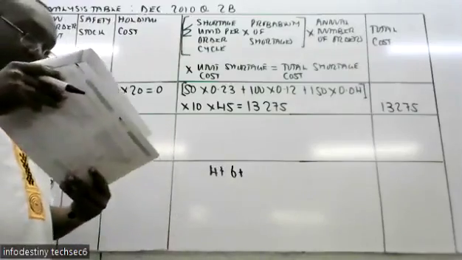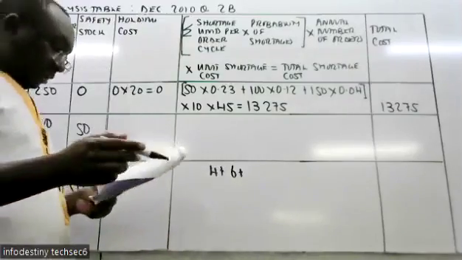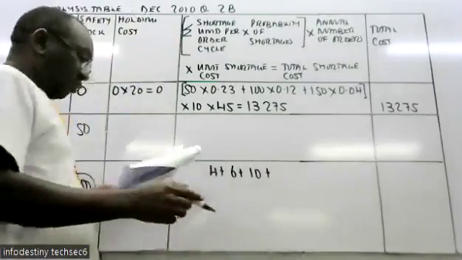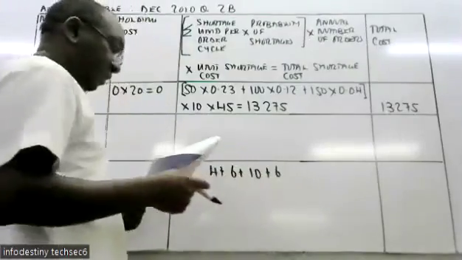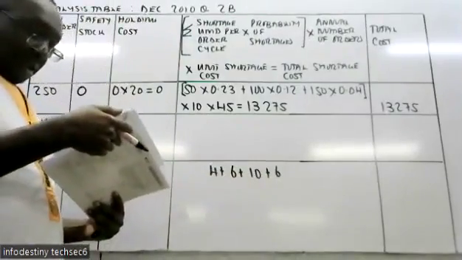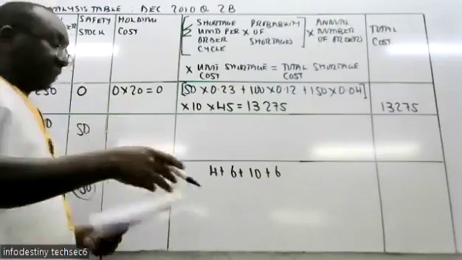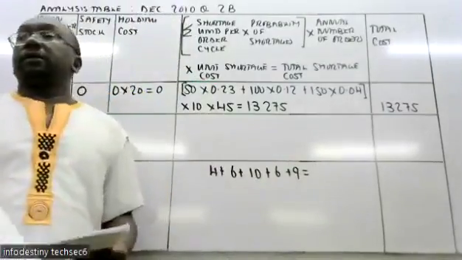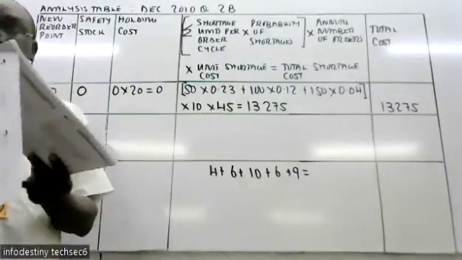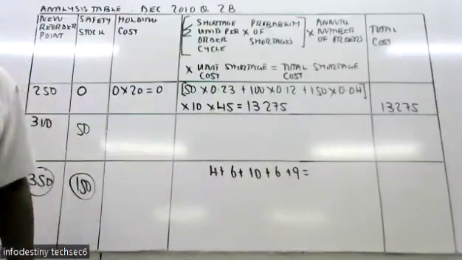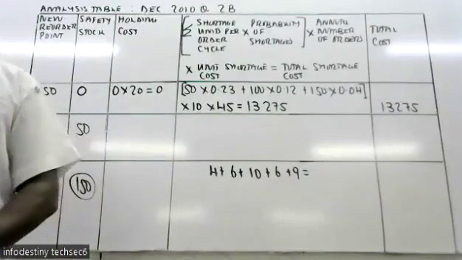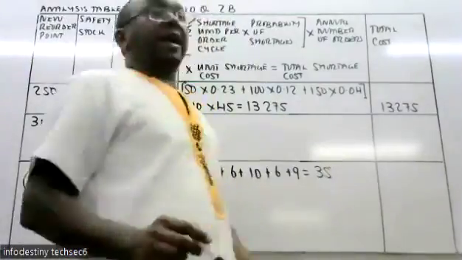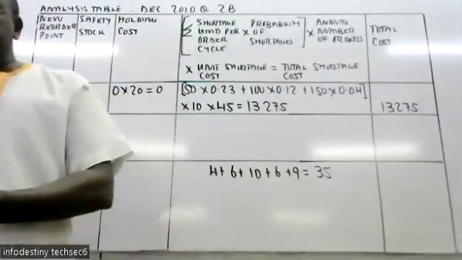Question 3 has 10 marks, theory. Question 4 has 6 marks, theory. And question 5 has 9 marks. That's what I would have expected my candidate to score and pass the paper.